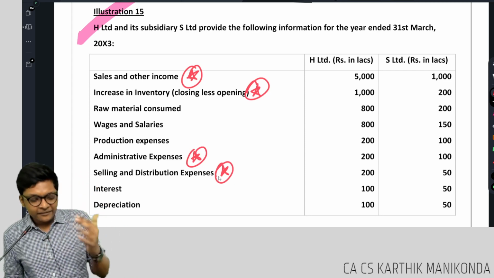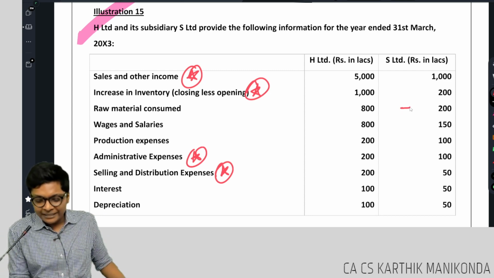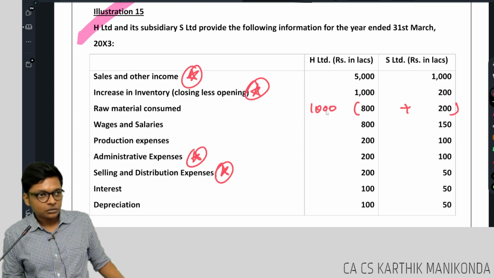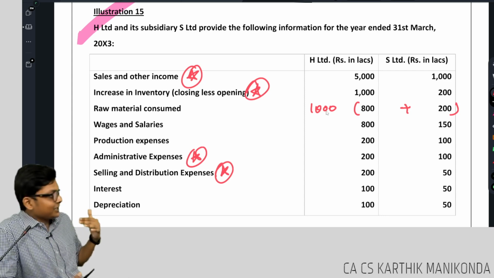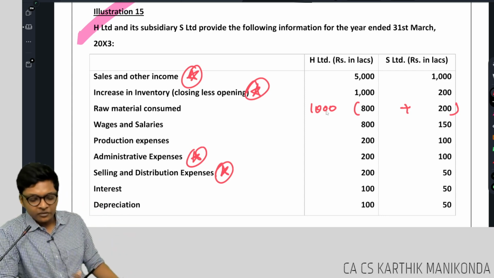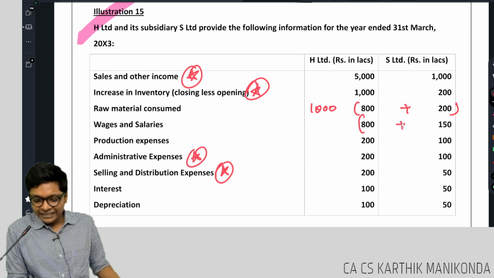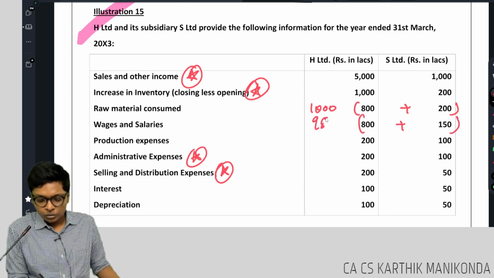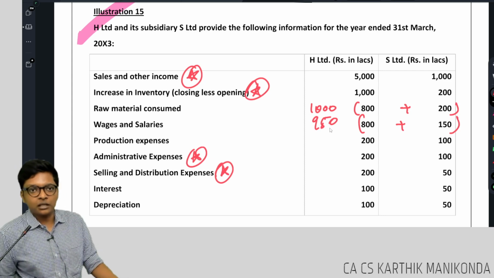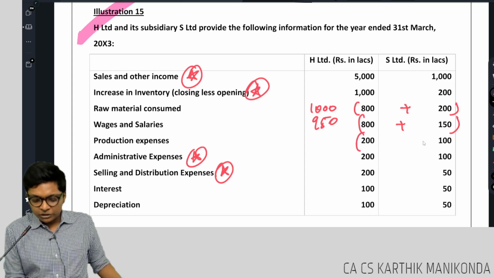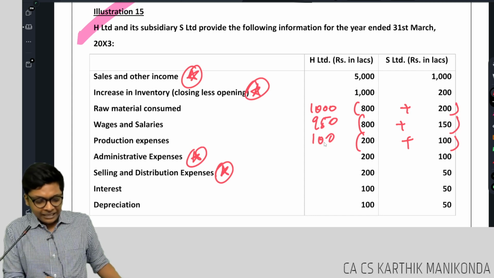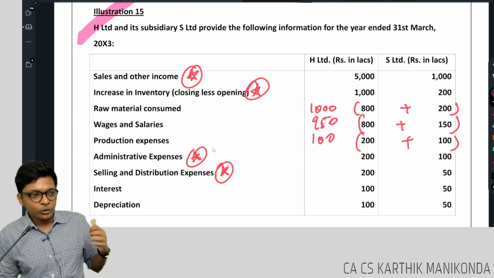So let me finish the everything else. Raw material consumed will be 800 plus 200. Are you following, guys? See, first I am doing the ones which are easy, apart from adjustments. Wages and salary 800 plus 150, correct? Production expense 200 plus 100, 300. Admin and selling, hold on, we will come to it later.